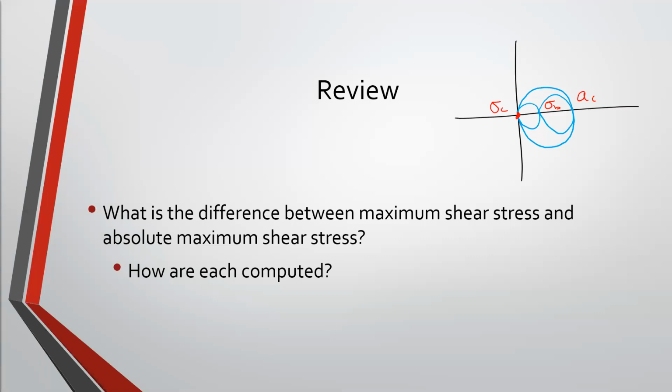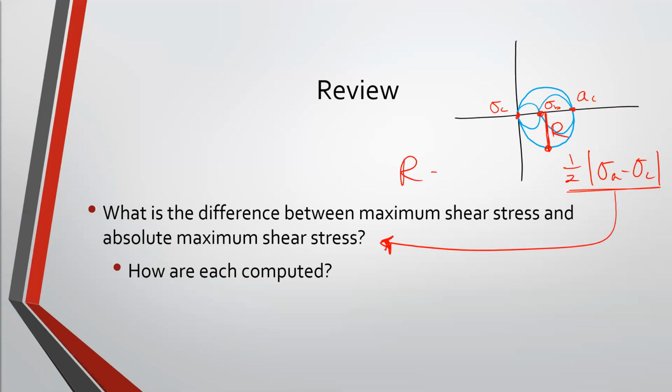So that corresponds to those 3 values. So if you calculate 1/2 sigma A minus sigma C, that always gives you the radius of this biggest circle. All right, so this here is our absolute, and then R for a particular circle is that one.